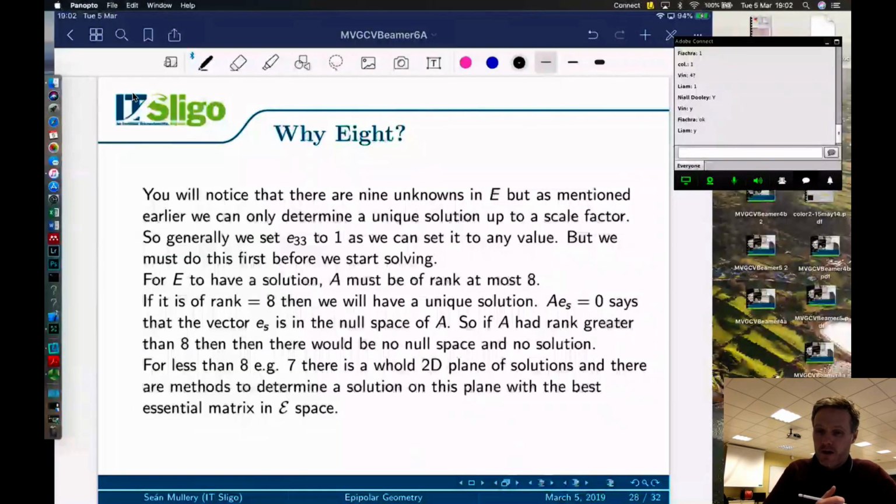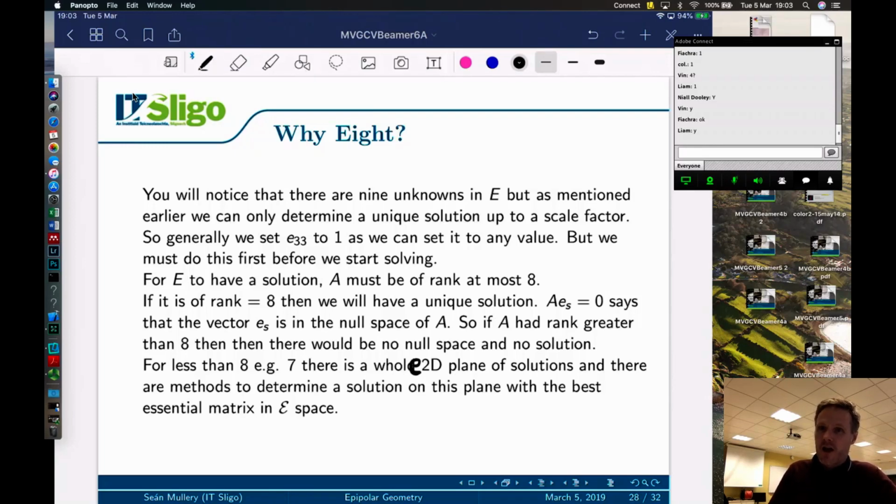So if A times E stacked is equal to 0, this says that the vector E is in the null space of A. So if A had rank greater than 8, then there would be no null space and therefore no solution. For less than 8, for example 7, there would be a whole 2D plane of solutions, because there would then be a null space of 2. Okay, 7 away from 9 gives us 2.